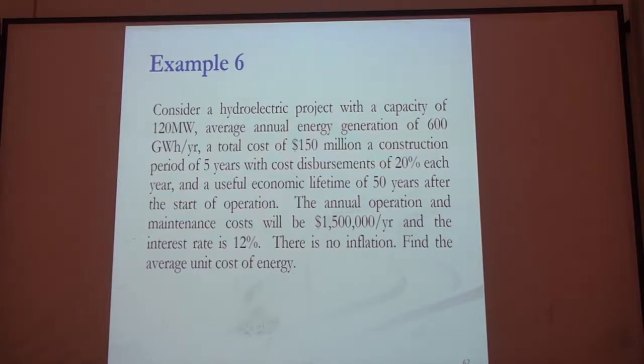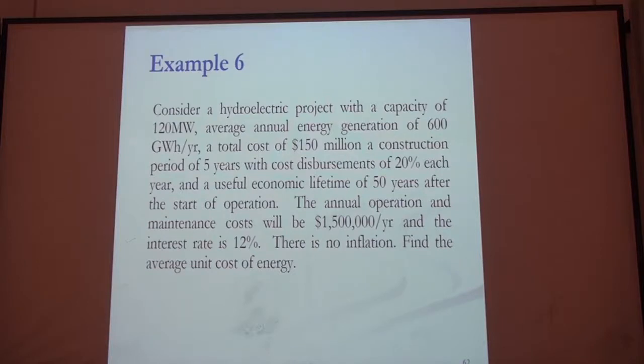It will be much easier doing it on the annual basis. The answer would be the same. Either you do it from the total cost point of view, total cost divided by total energy generated in 50 years, or find the cost on an annual basis, annual cost divided by annual energy.